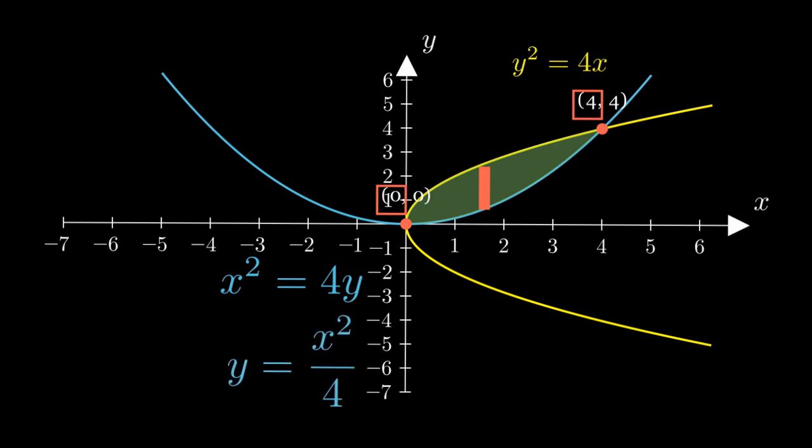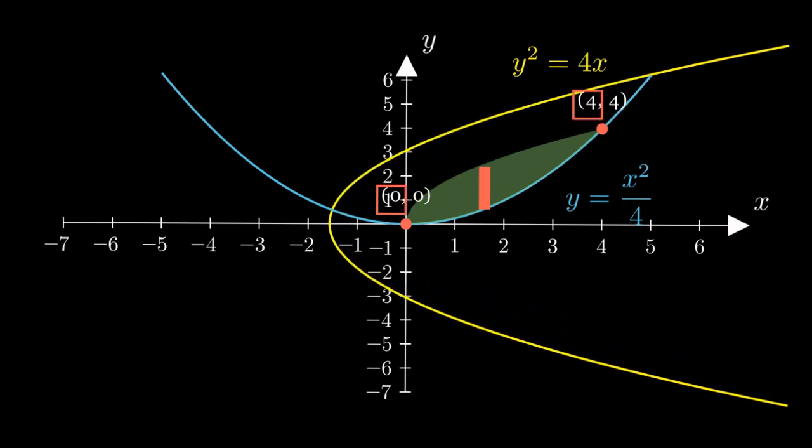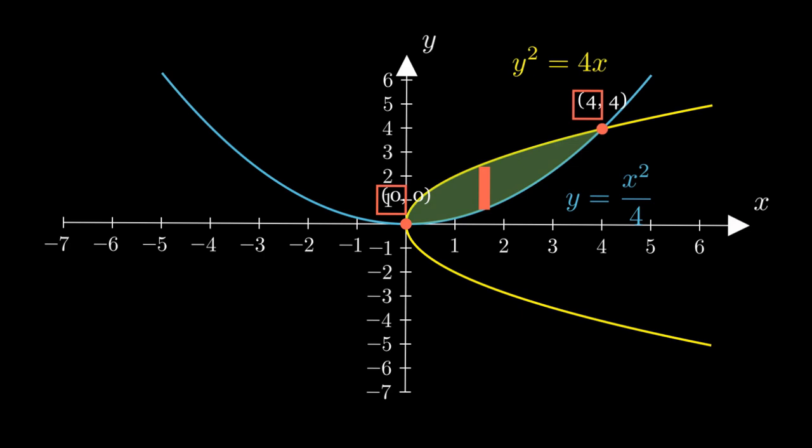Then y equals x squared divided by 4. Again, take the upper curve in terms of y. y squared equals 4x.